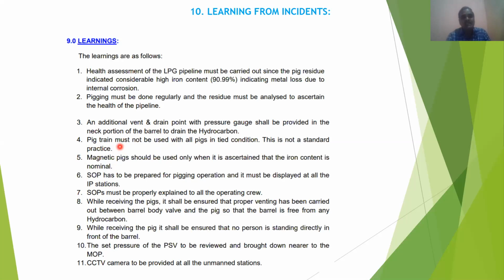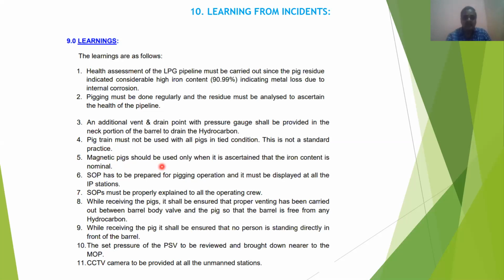Even the SOP shall specify what is the distance between two pigs before commencing the pigging operation. Everyone who is involved in the operation should understand and should follow the SOP.